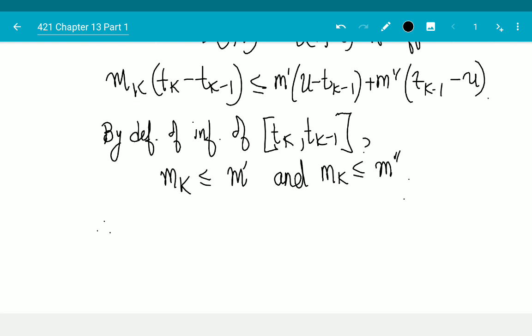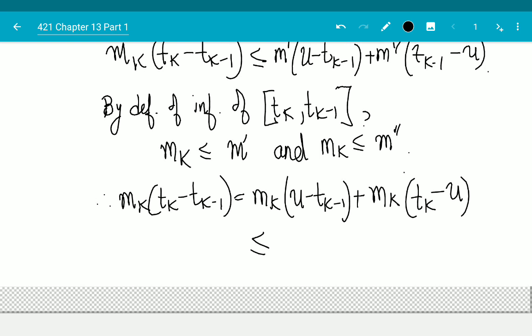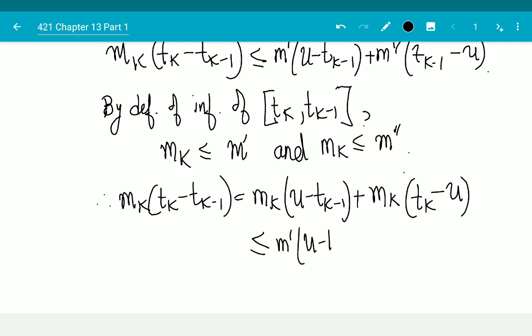And, well, therefore Mk times Tk minus 1 is smaller than or equal to, which is technically exactly equal to, Mk times Tk minus U plus Mk times U minus Tk minus 1, which is smaller than M prime times U minus Tk minus 1 plus M double prime times Tk minus U, right?